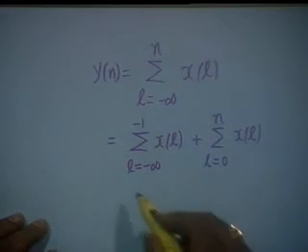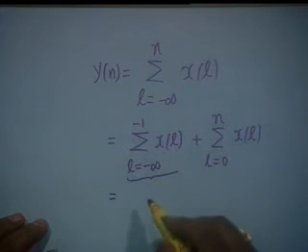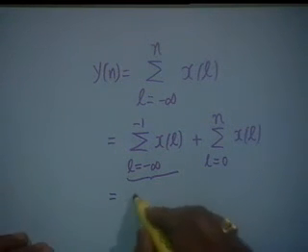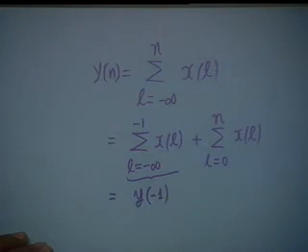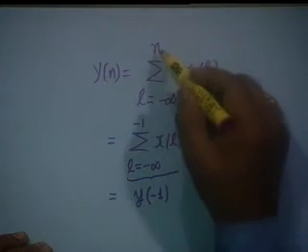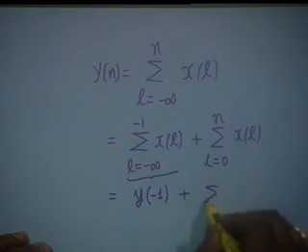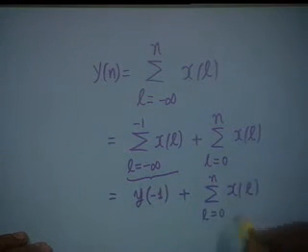Agreed? Now, if you notice this quantity, what is this equal to? It is the output at n equal to minus 1. The upper limit n comes here. So, this is y of minus 1 plus summation L equal to 0 to n x of L.